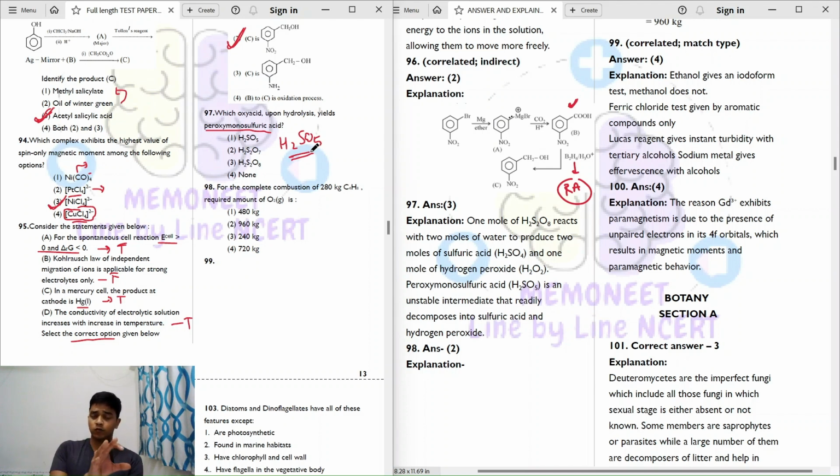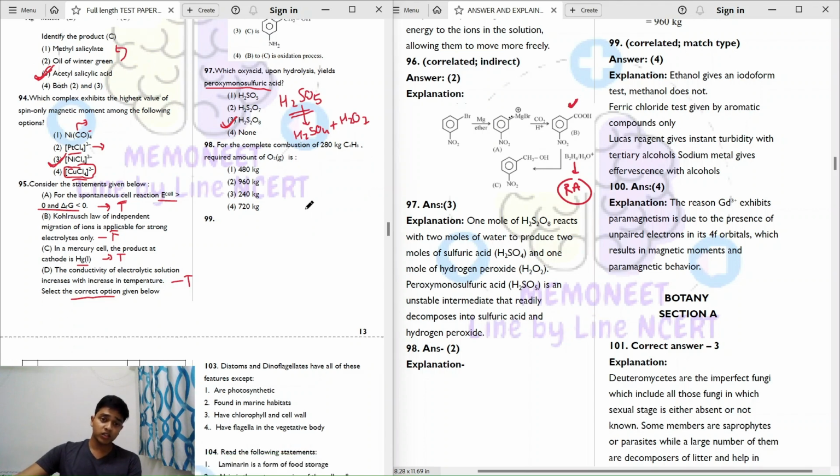It is formed as an intermediate during the hydrolysis of H2S2O8. When the hydrolysis of H2S2O8 is occurring, peroxymonosulfuric acid is formed as an intermediate, and then it is unstable, so it dissociates to form H2SO4 plus H2O2. So the correct answer will be H2S2O8, as this intermediate is formed during its hydrolysis.